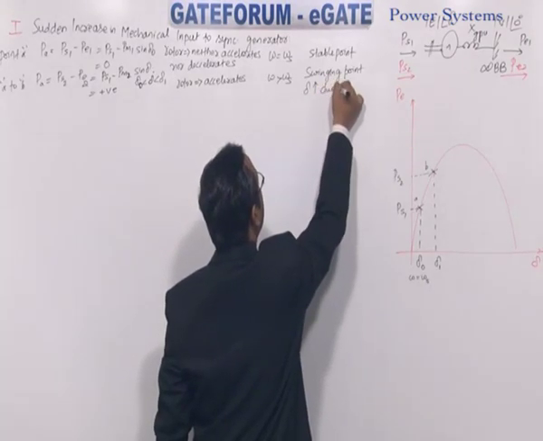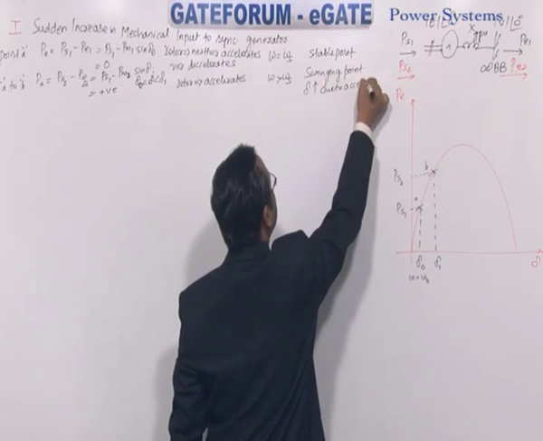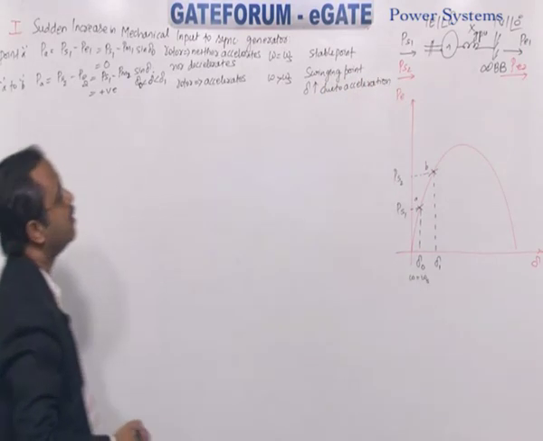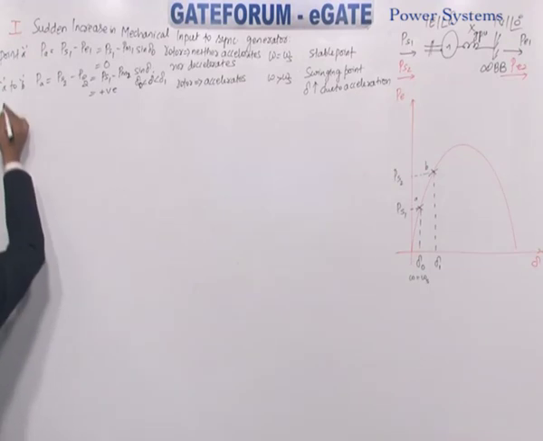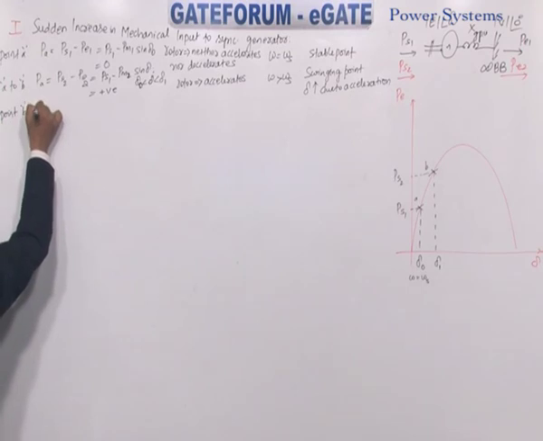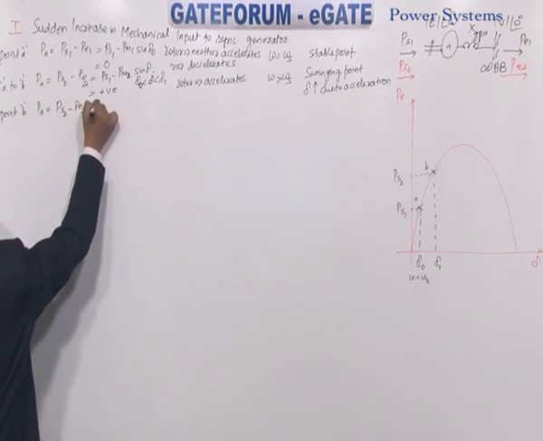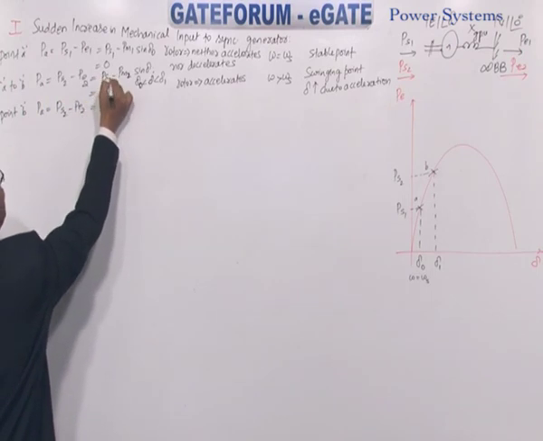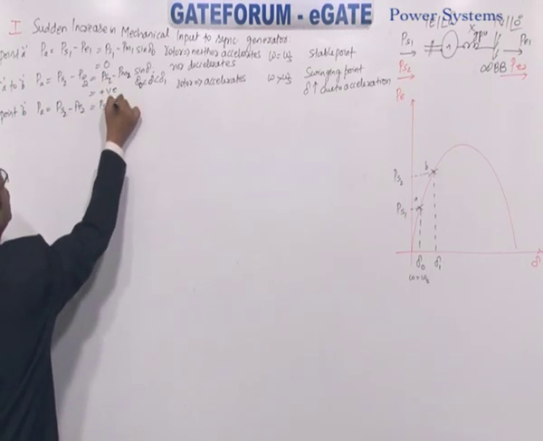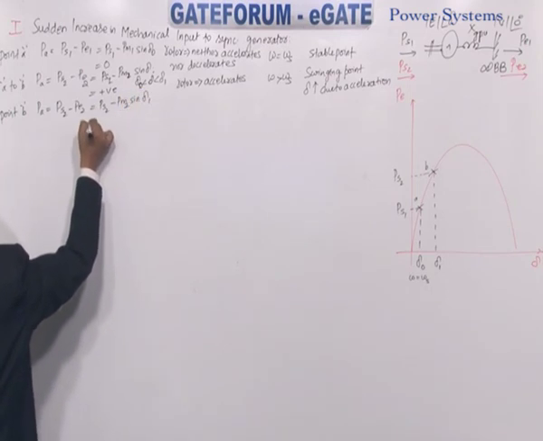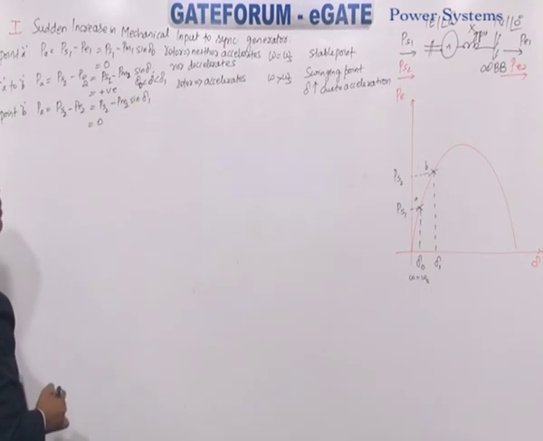So we mention there, delta increases due to acceleration. And now you reach the point B. So what about PA? PS2 minus PE2. Now what is PE2? PM2 sine delta 1. How much is it? 0.